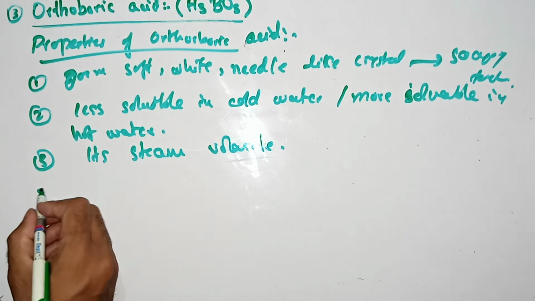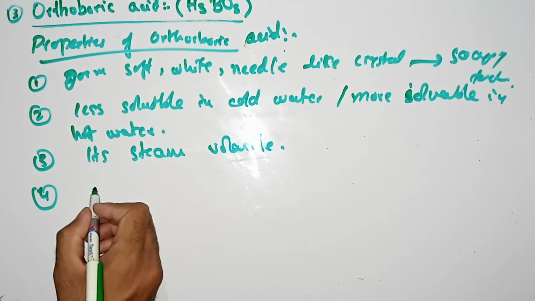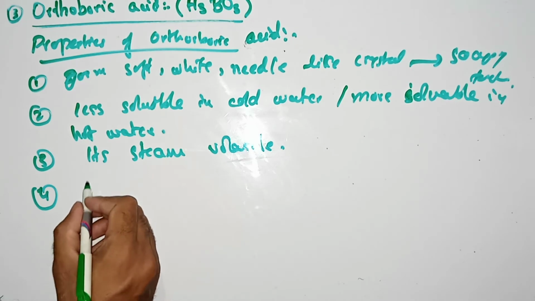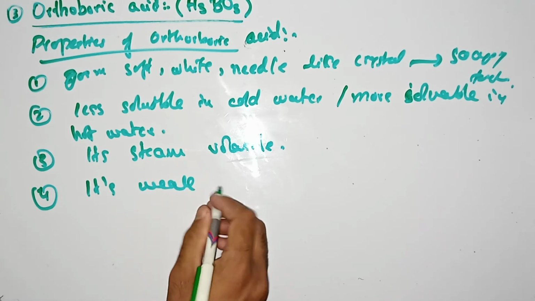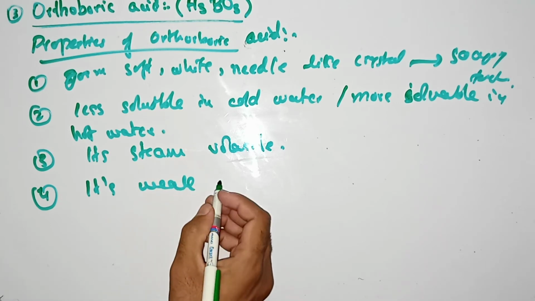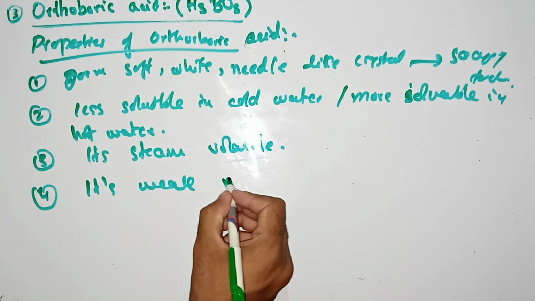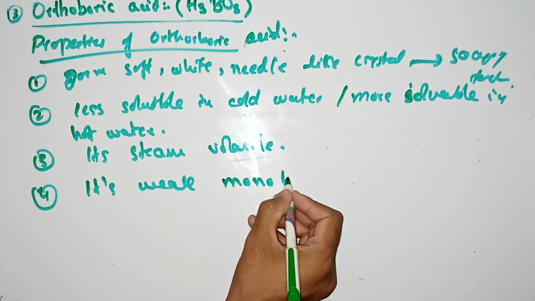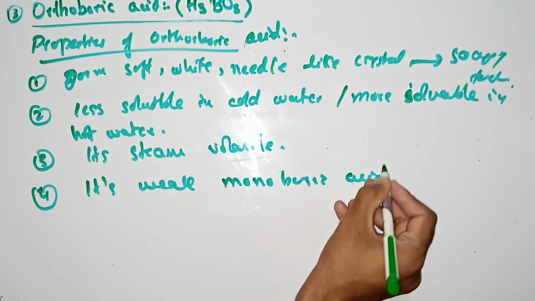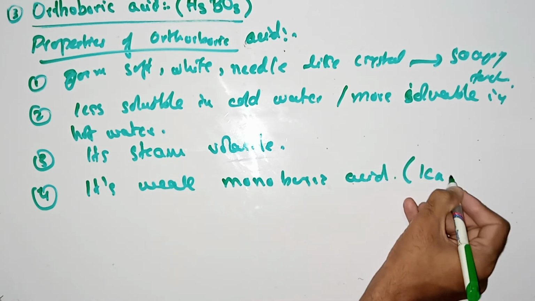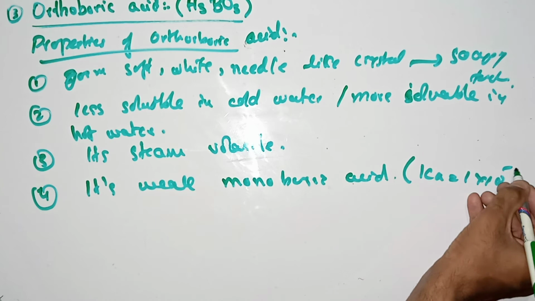Another property is that it is a weak monobasic acid, or you can say that it is a good Lewis acid. The Ka value is 1 multiplied by 10 power minus 9.